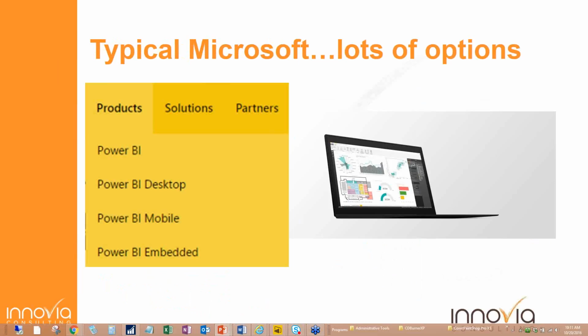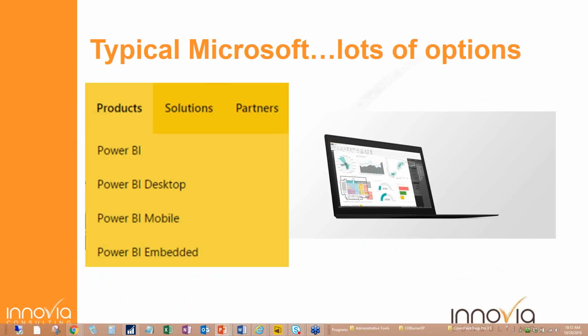briefly at those. Essentially, I think the real differences are between Power BI desktop and Power BI embedded. Power BI embedded is a really high-end data analytics tool that allows you to put Power BI dashboards into pretty much any application that's got an API you can program to.